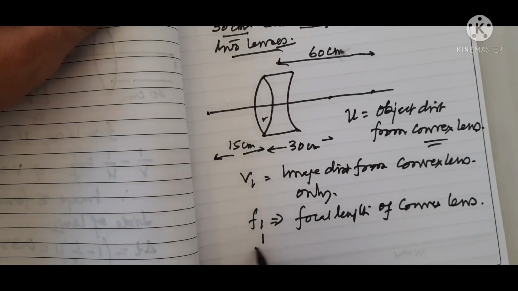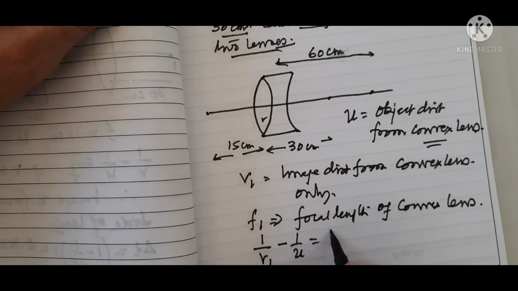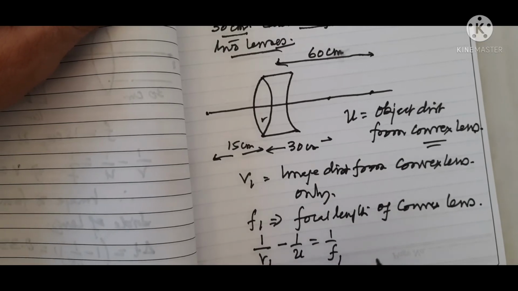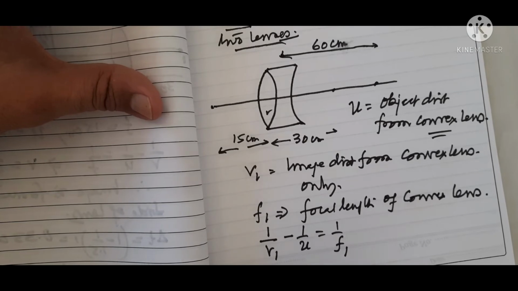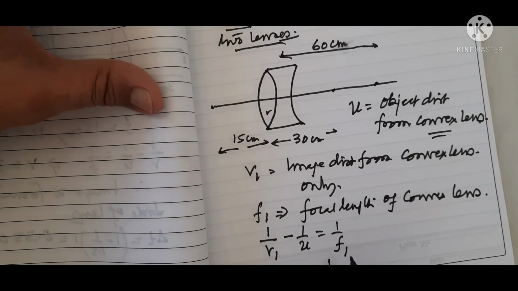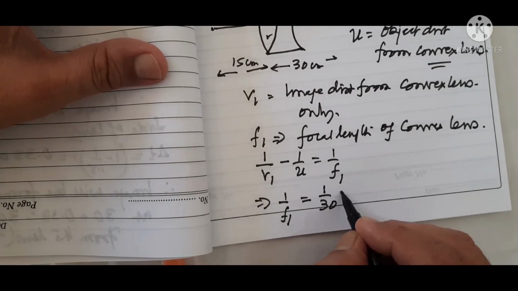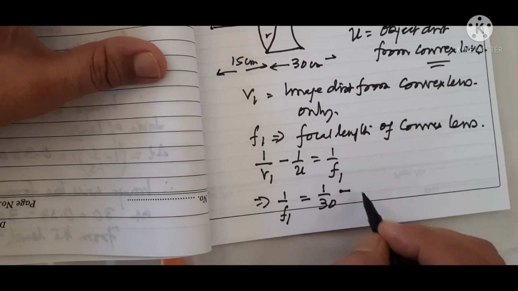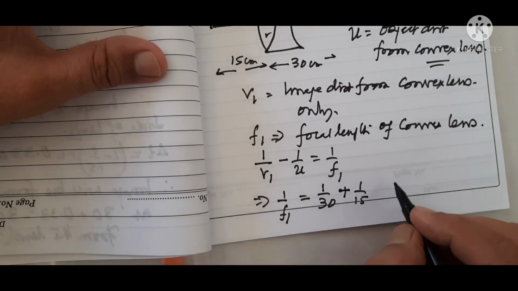Then we can write 1 by v1 minus 1 by u is equal to 1 by f1, thin lens formula. So here put the value: 1 by f1 is equal to 1 by 30 minus 1 by minus 15, that is 1 by 15.